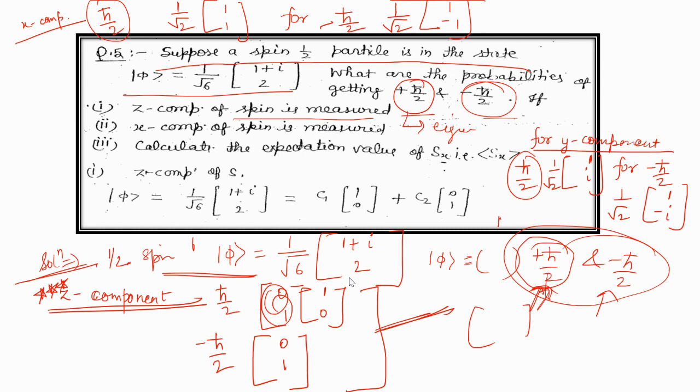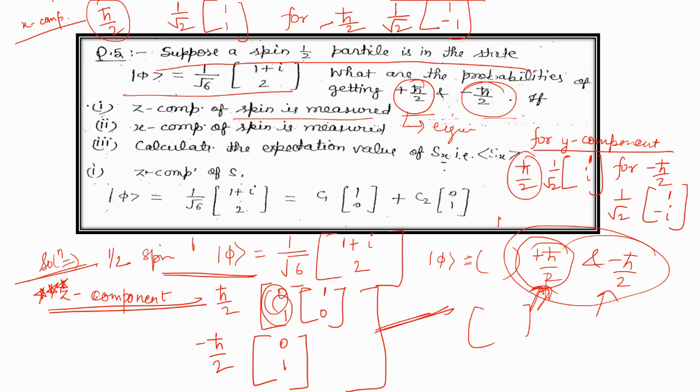Huh? There is some spin half particle. If z component of it is measured, so what will be the probability of getting h cross by 2 and minus h cross by 2? So we will see. I have to go back again. Phi is 1 upon root 6, 1 plus iota upon 2.